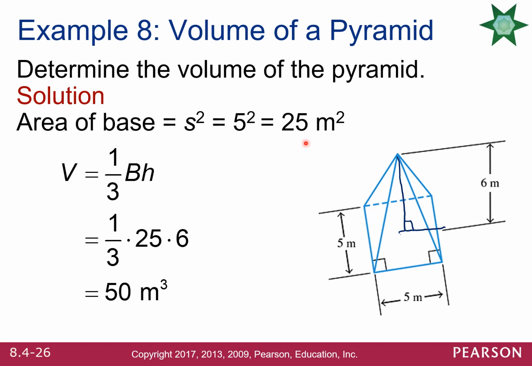Now we plug in that 25 into B, and multiply by 1/3 as well as the height, which is 6 meters. So 1/3 times 25 times 6 meters gives us 50 cubic meters. This is the way we will be able to solve questions on volumes or surface areas of different three-dimensional figures.